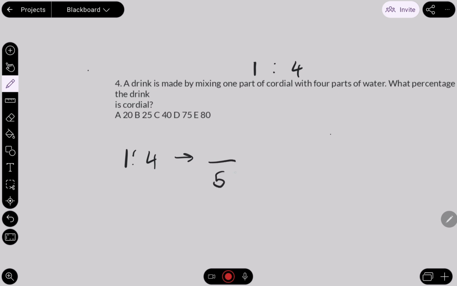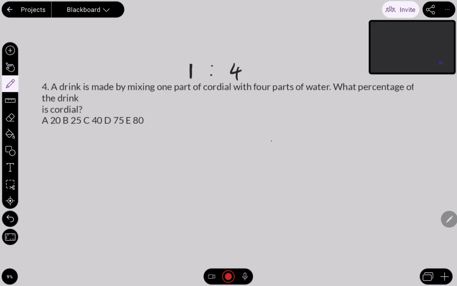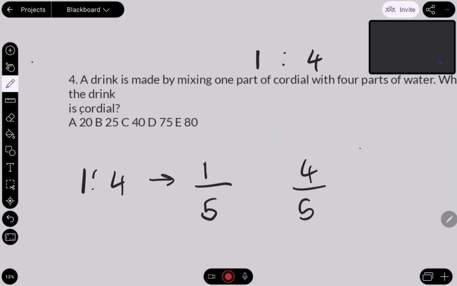So, 1 part plus 4 parts is 5 parts. So the denominator, total amount of parts, is 5. The cordial is 1 part out of 5. And the water is 4 parts out of 5. But we don't need water right now because we're only thinking about the percentage of cordial.